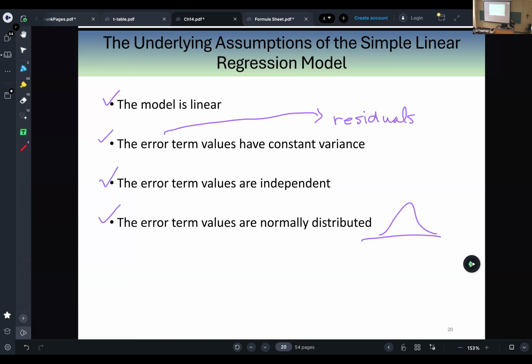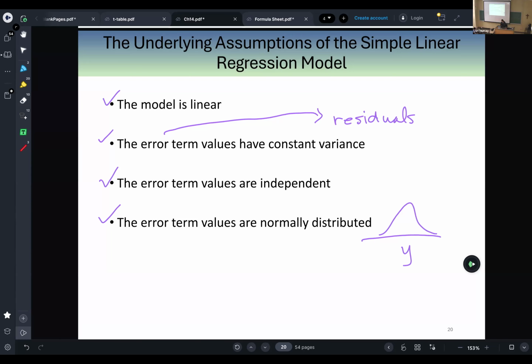So if your response variable, the y, what was our y again? It was sales, right? Sales. If I was to make a histogram of sales, and it doesn't look single peaked like a normal distribution, then what we would do is what is called a transformation. We will usually take the log of y.